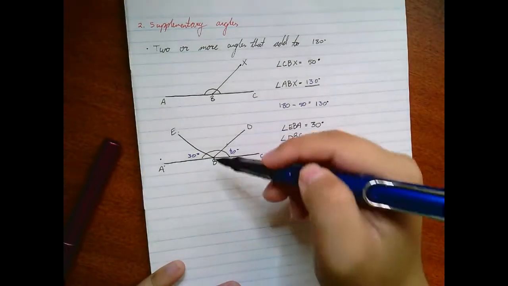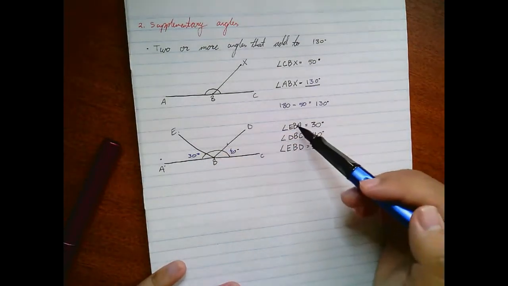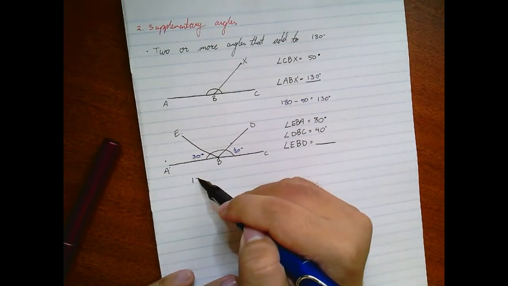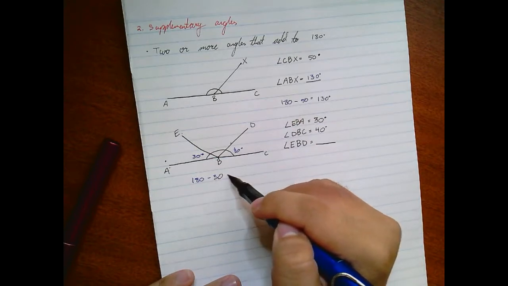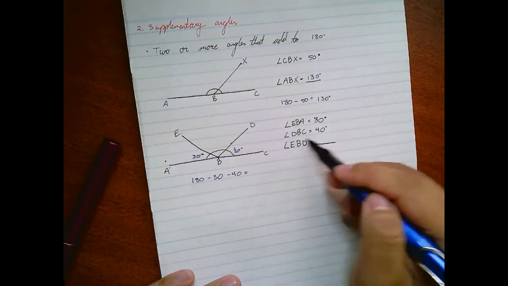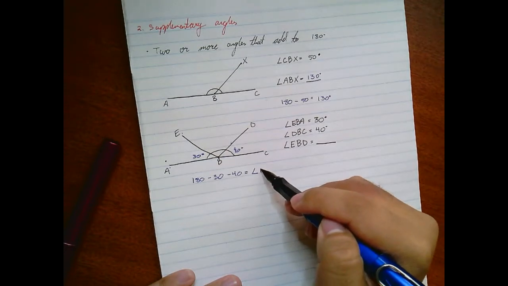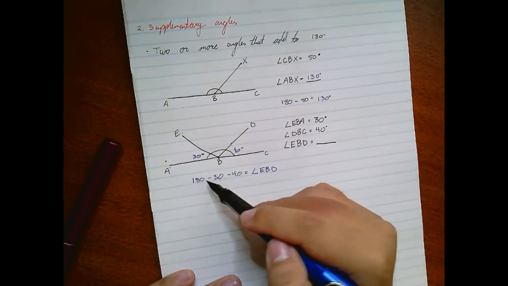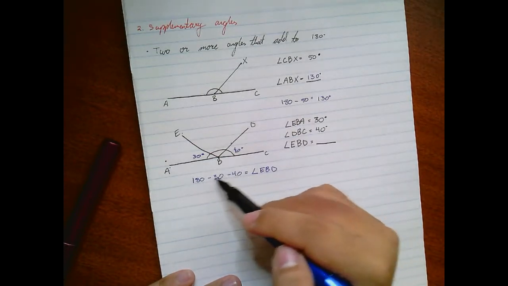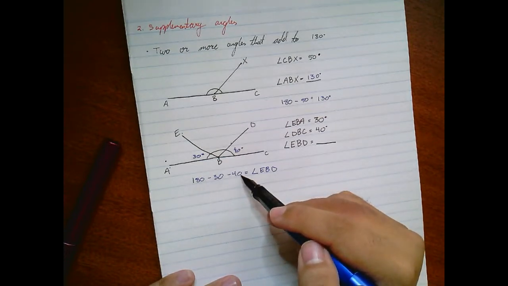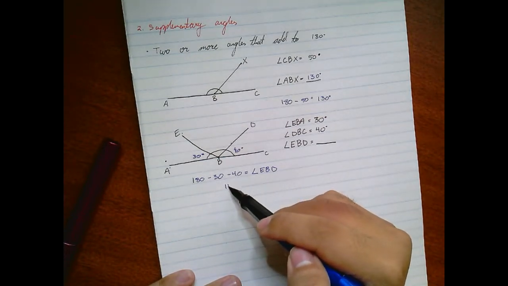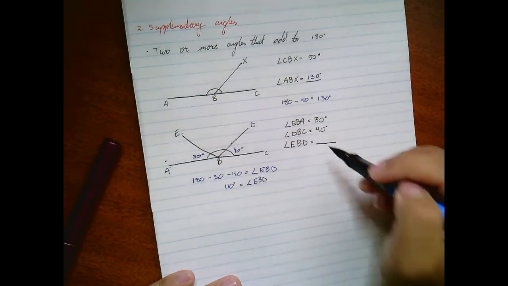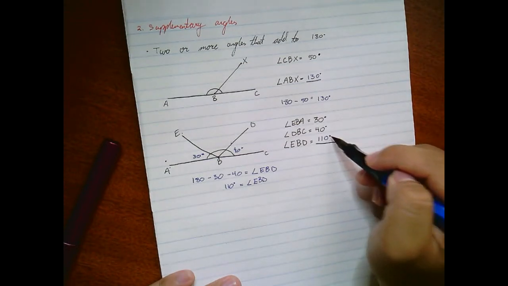Well, since we know that it's a straight line and these three angles are supplementary, we can say 180 minus 30 minus 40 is equal to this angle, angle EBD, which is 180, that's 100, so that's 70. 180 minus 70 is 110 degrees, is equal to that angle EBD. So this is 110 degrees.